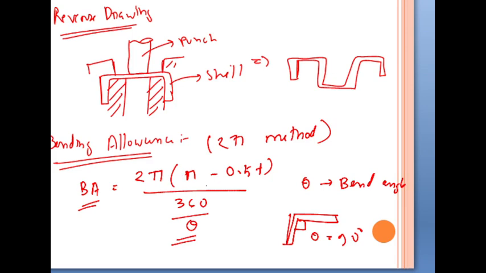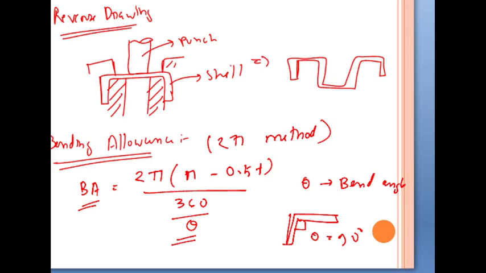T is the thickness of the sheet material, and the rest are constants. This is an important formula: bending allowance is equal to 2 pi into r plus 0.5 t, divided by 360, multiplied by theta.